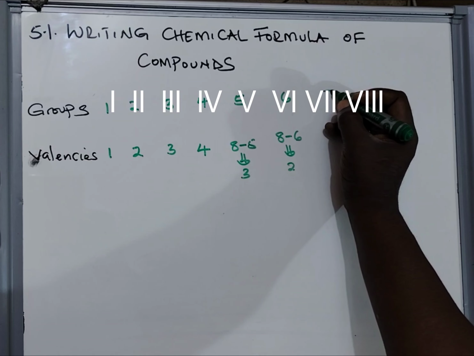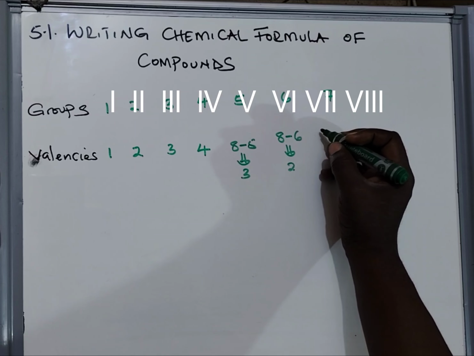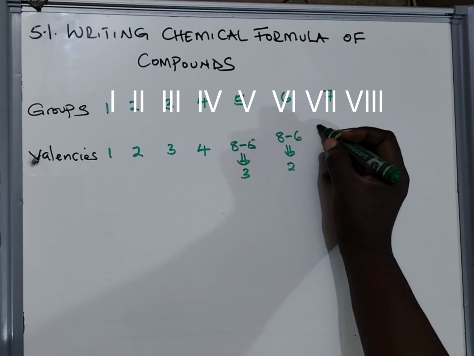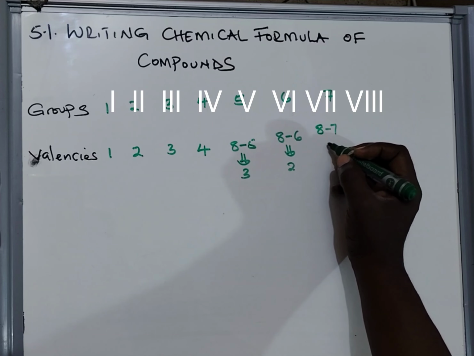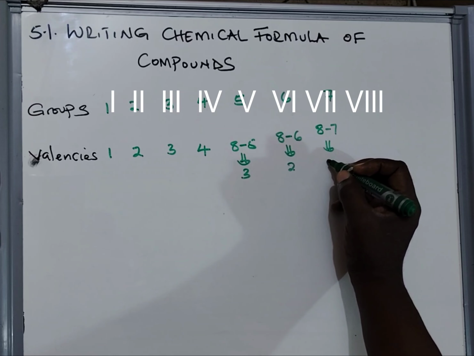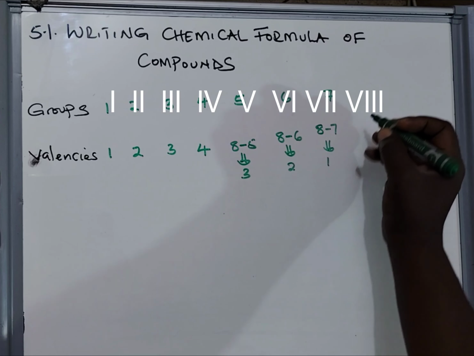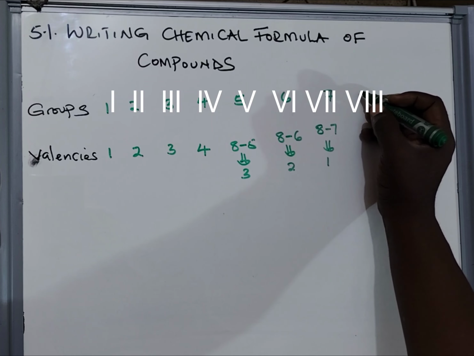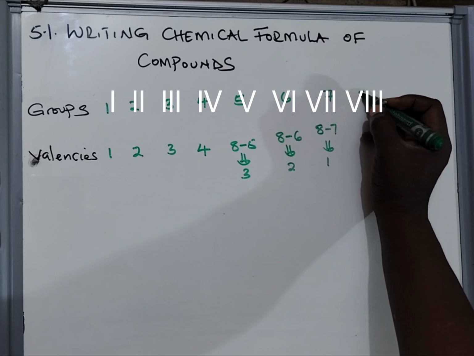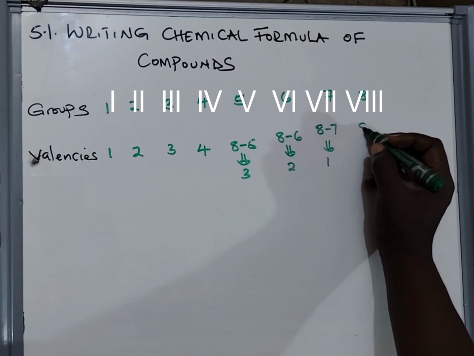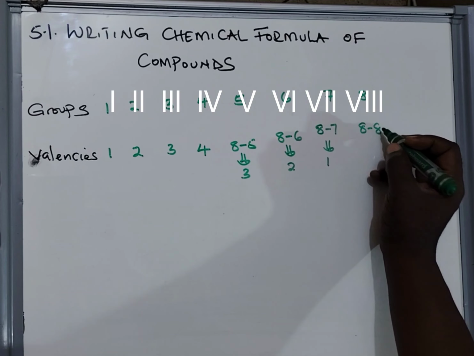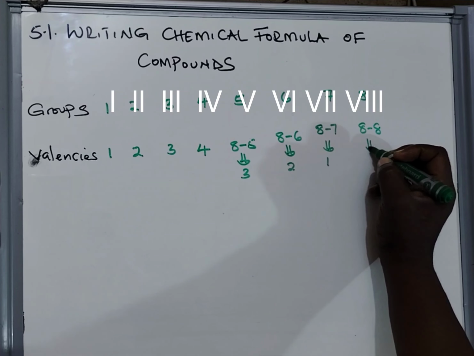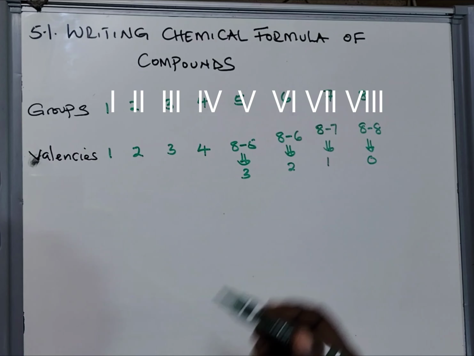Group 7 elements have valence 8 minus 7, giving you 1. Group 8 elements have valence 8 minus 8, giving you 0.